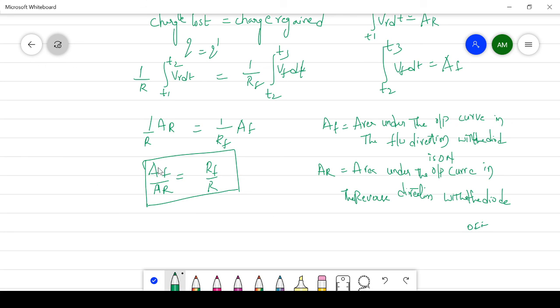Finally, we get AF by AR equal to RF by R. Hence, this proves the clamping circuit theorem.